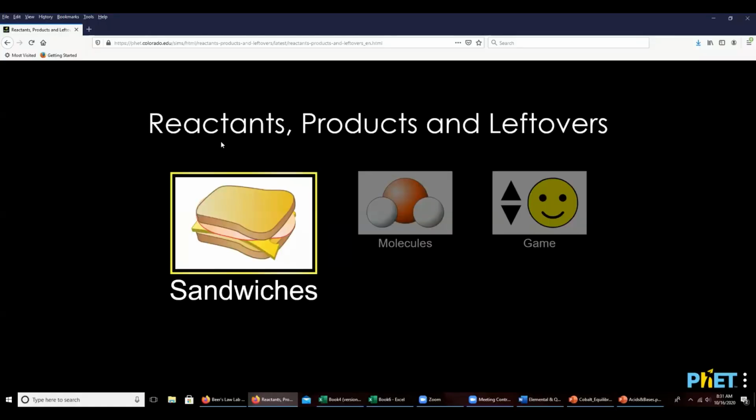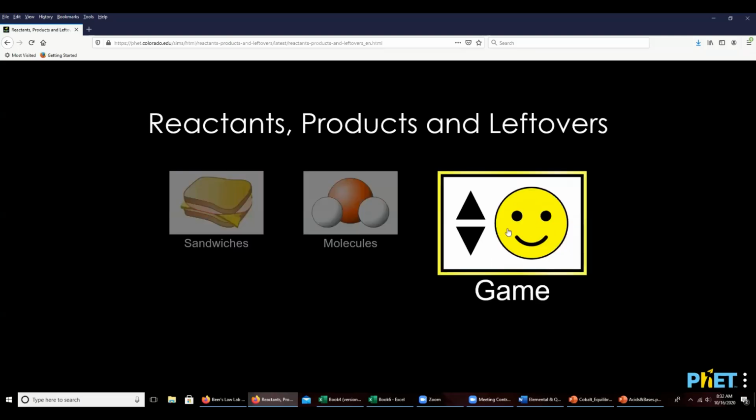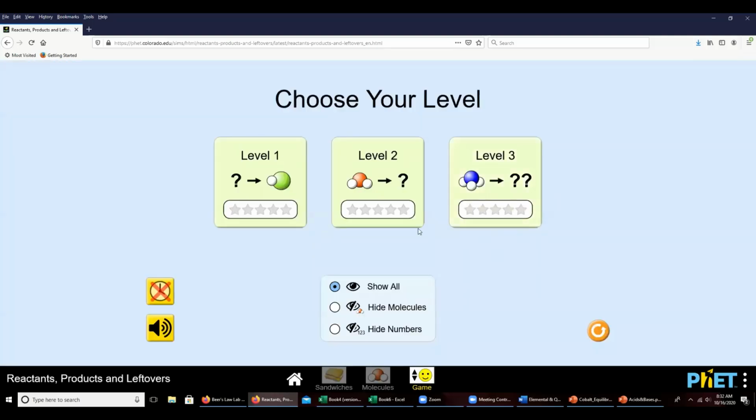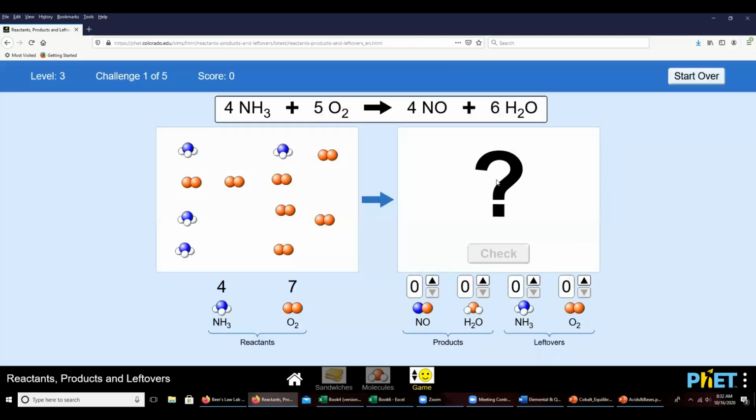When you follow the link, you will be taken to the reactants, products, and leftovers simulation. In the simulation itself, you're going to be choosing the game option. When you choose level 3, it takes you to the simulation itself.